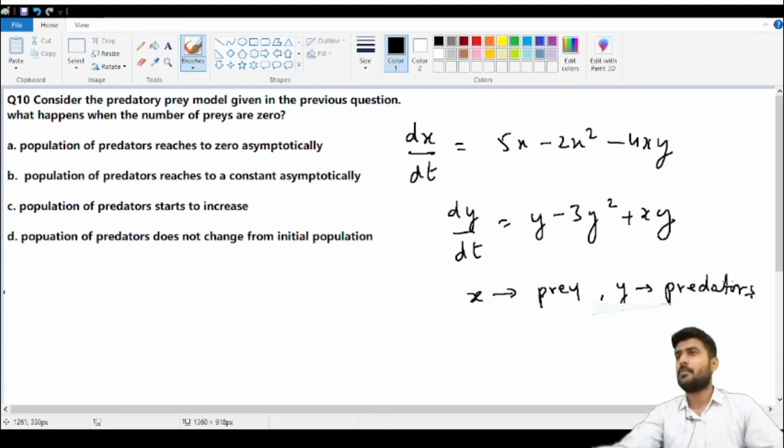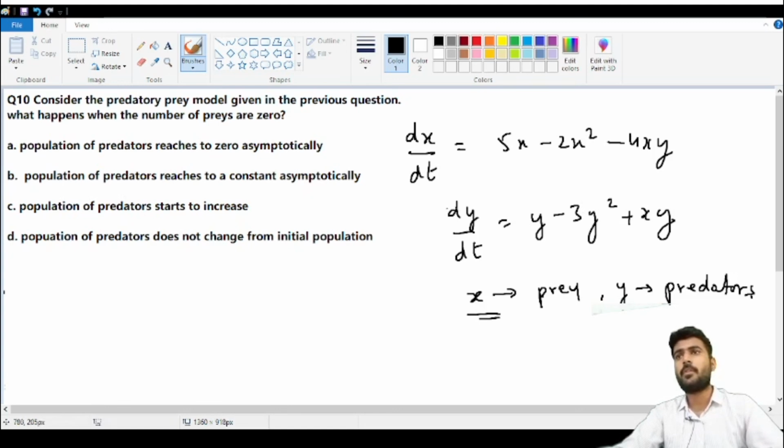Now in this question we are told that the number of prey is becoming 0, so the value of x is 0. What happens to the population of predators?